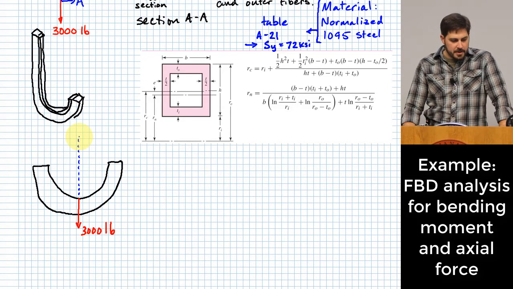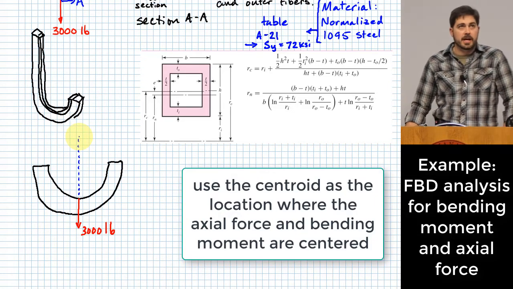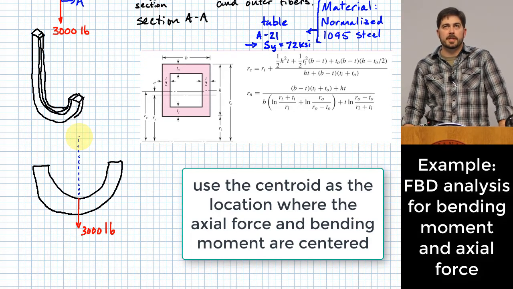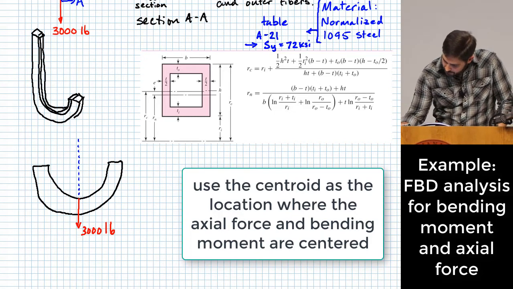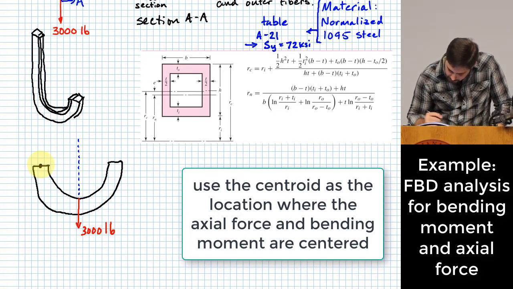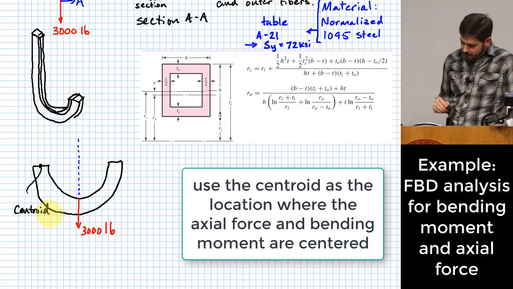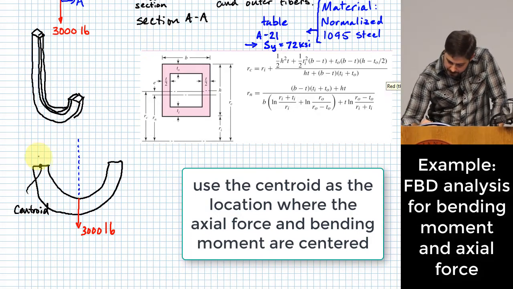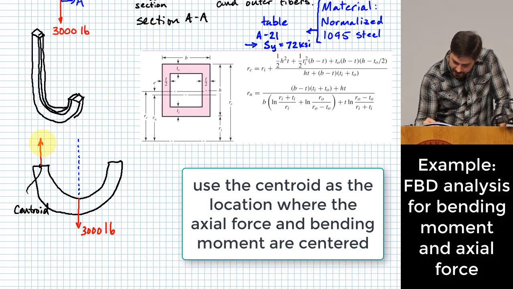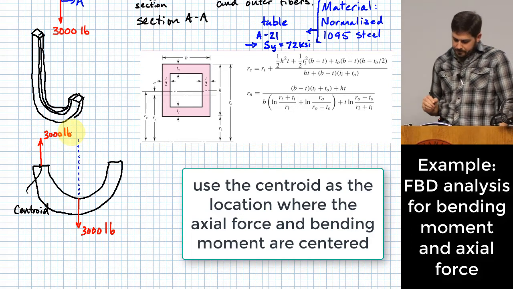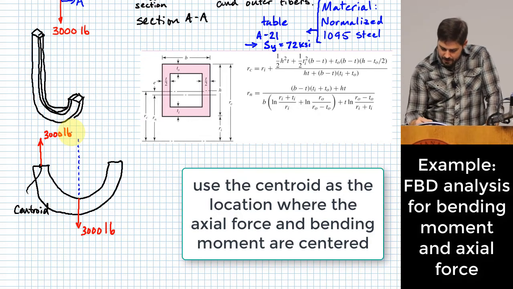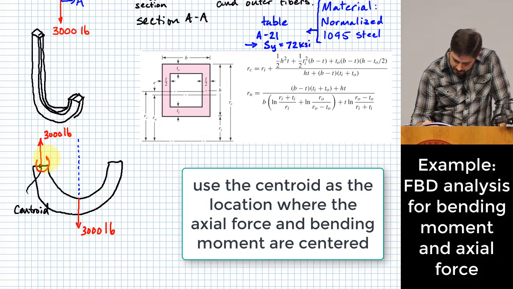And the recommendation that it has in the book is that we actually use the centroid rather than the neutral axis location. Okay, so we find wherever the centroid is located of the cross section. And we apply our 3,000 pound reaction that we would have to have here, as well as a moment that happens around that point.